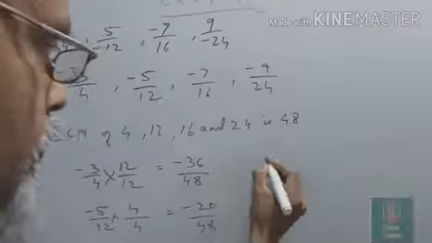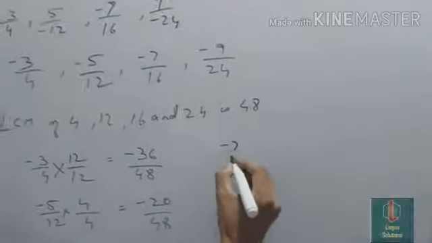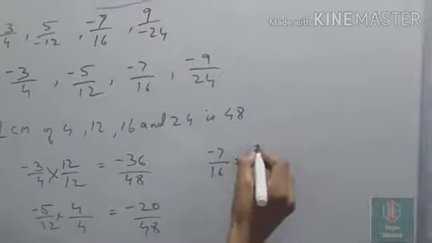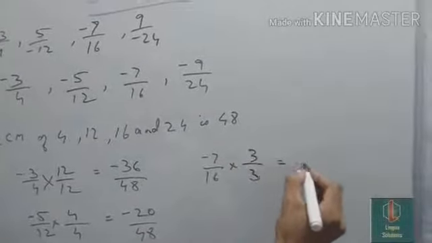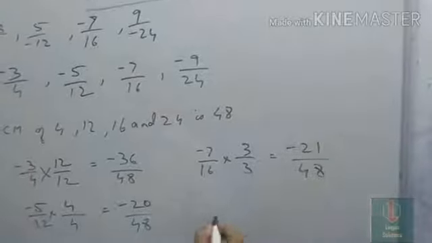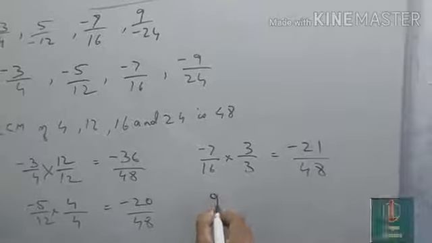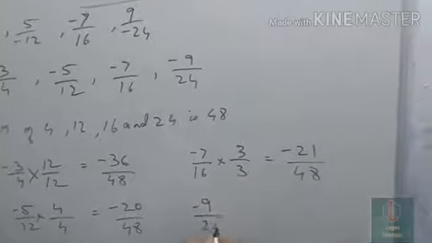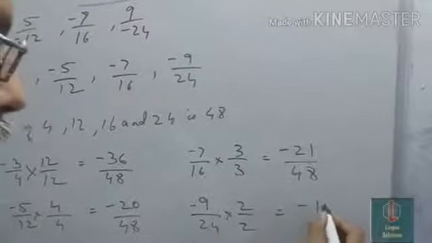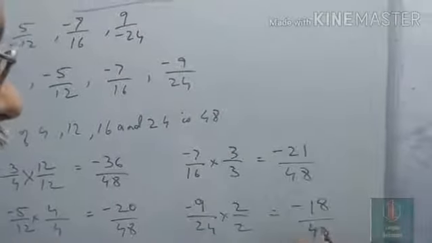Minus 7 by 16 into 3 by 3, we get minus 21 by 48, and minus 9 by 24 into 2 by 2, we get minus 18 by 48.